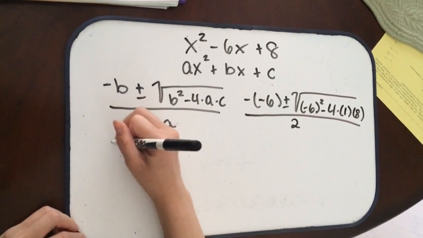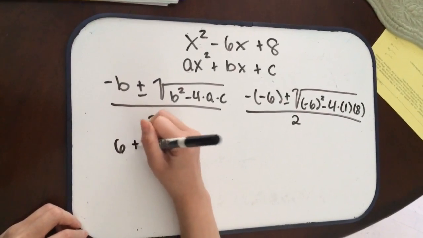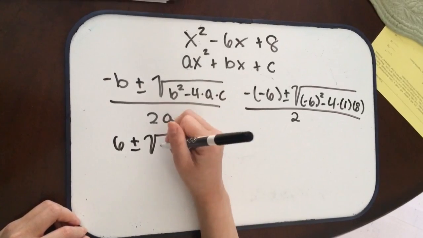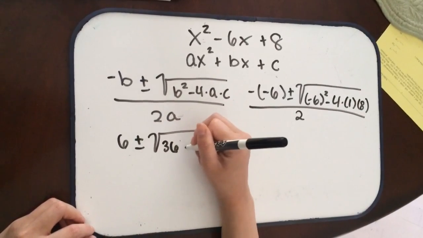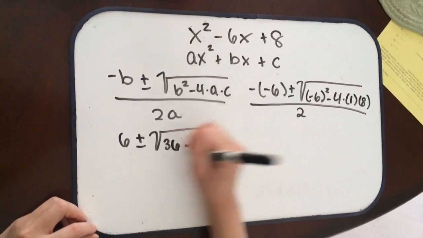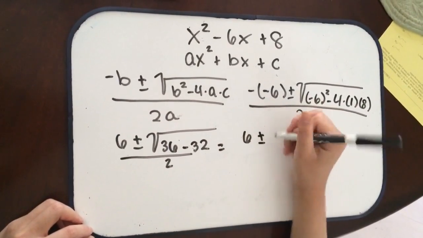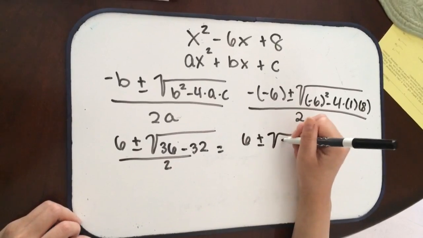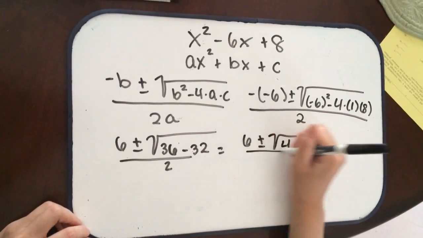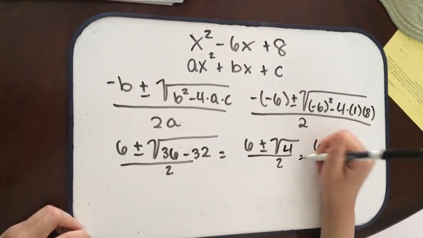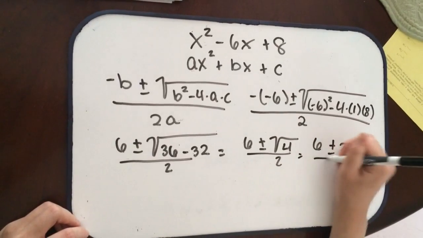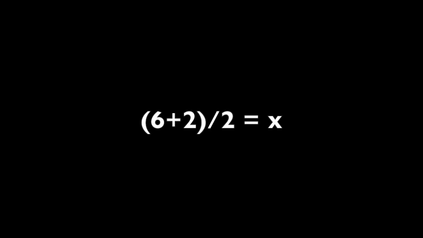Then you'll have 6 plus or minus the square root of 36 minus 32 over 2, and that's going to equal 6 plus or minus the square root of 4 all over 2, so 6 plus or minus 2 over 2. Then you're going to solve for your x's.